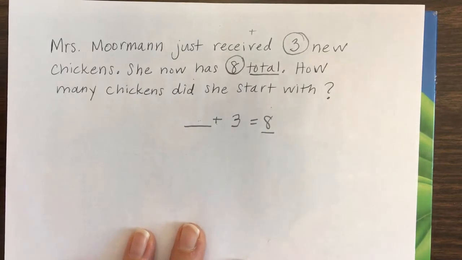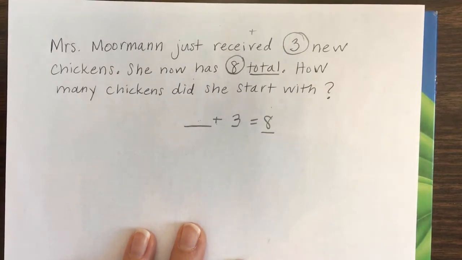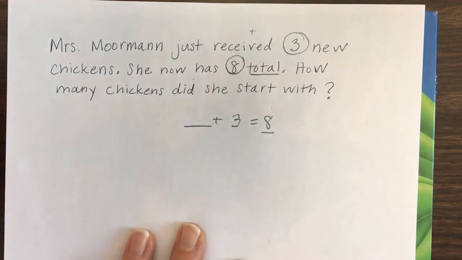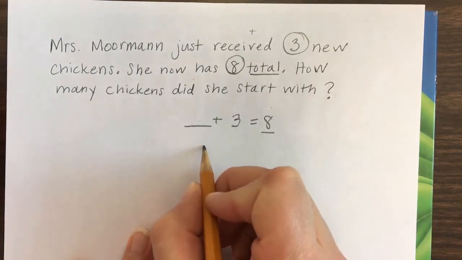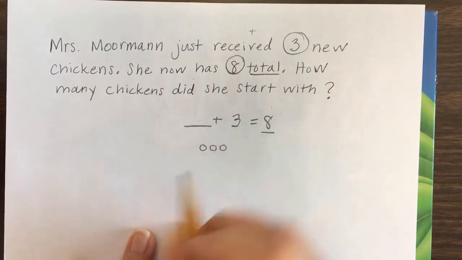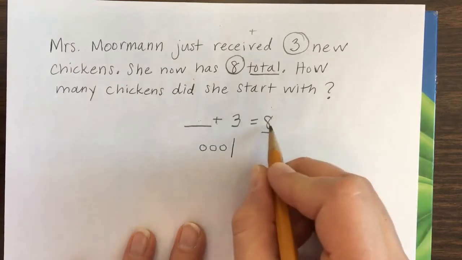This one I feel like is easiest in my brain to draw. Some of you already might know the answer just by simply knowing 8 minus 3, and then you can put your answer right there. You can do some mental math. I'm going to draw this like this. Here's my 3 chickens that I received, and I have to get to 8.